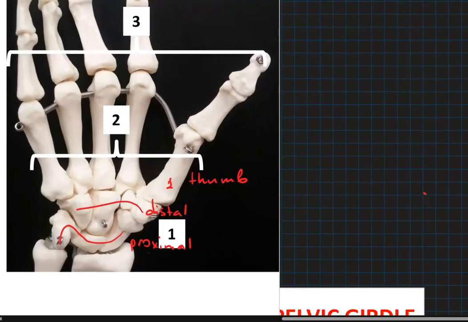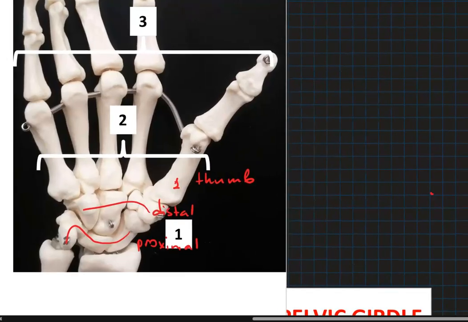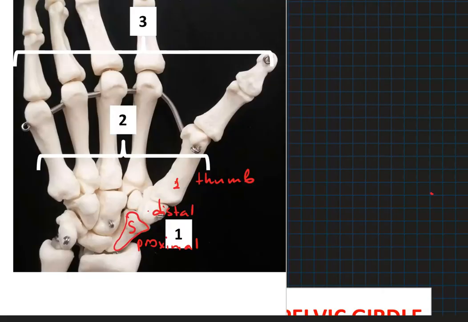And to make it even better, I'm going to give you a mnemonic rule while going through those rows. So you start at the proximal row at the thumb. And this is the bone, it's going to be S. S is the scaphoid bone.